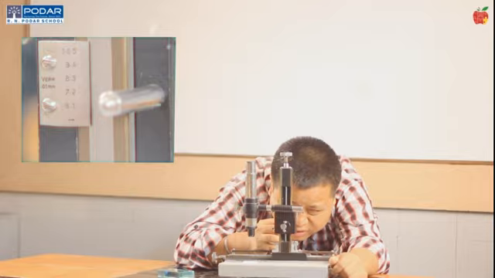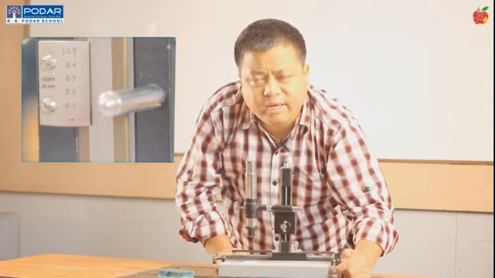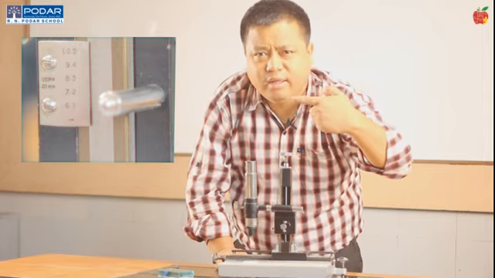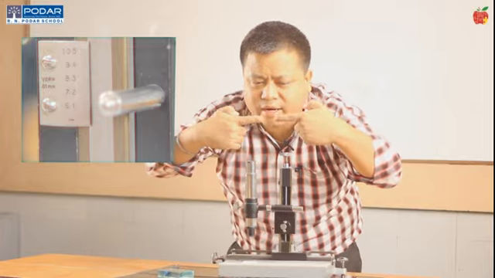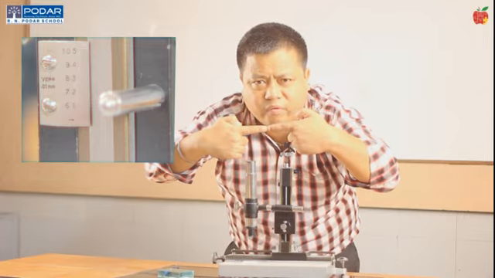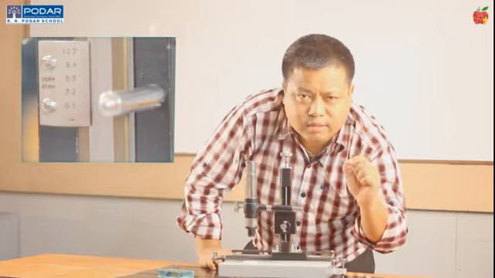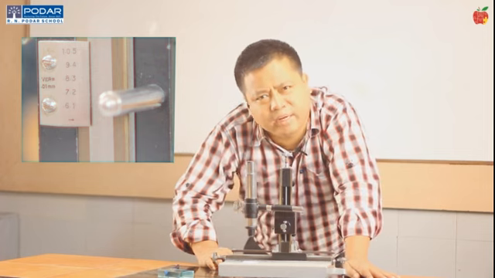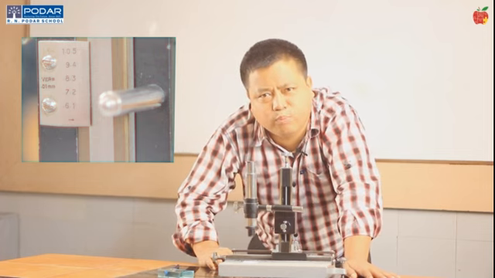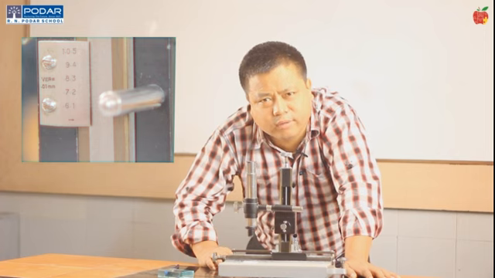I found that the coinciding division is 40. That means on the vernier scale the 40th line is coming exactly in line with a division of the main scale. So this coinciding division has to be multiplied with the least count, that is 0.001, so it becomes 0.04.